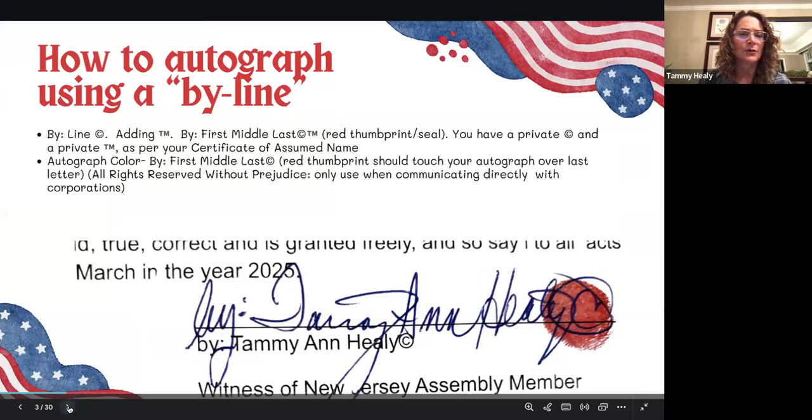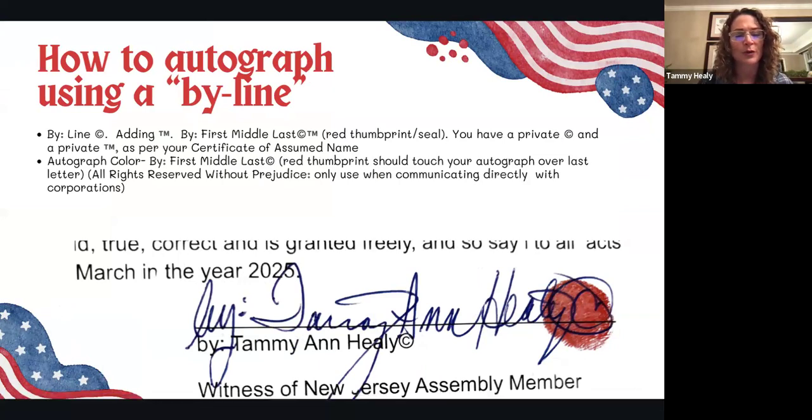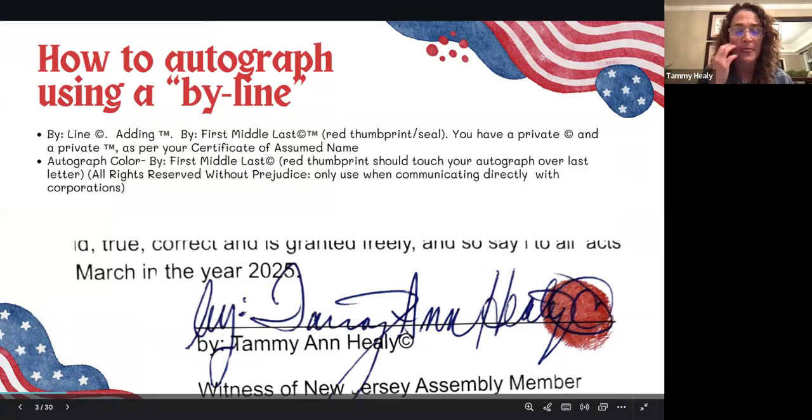All right, so how to autograph using a byline. By colon, then your name and the copyright, adding TM. Trademark is actually if you're going to be using your name for business purposes. You don't need to trademark your name. Then you add your red thumbprint.